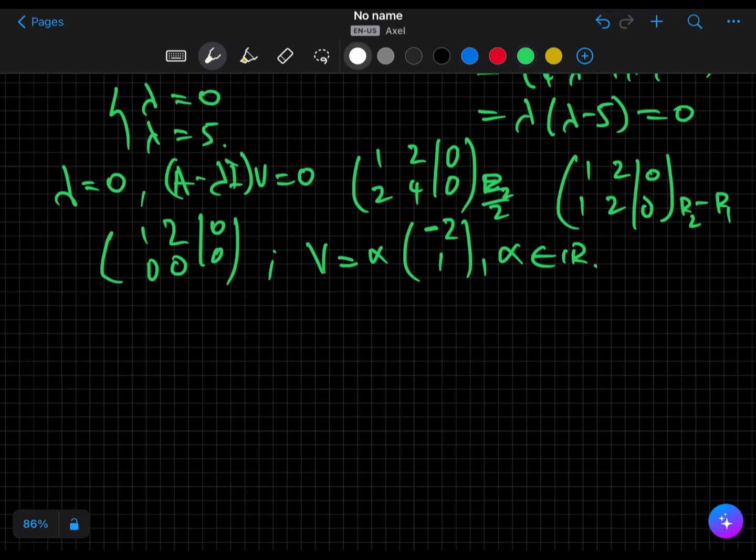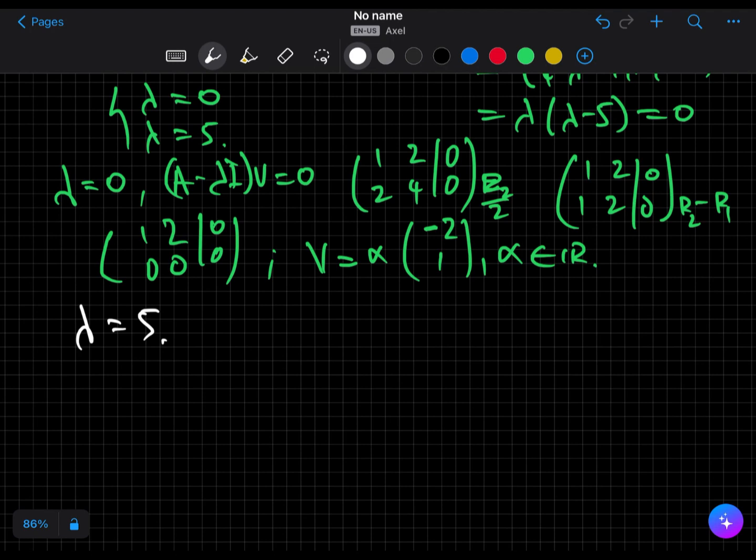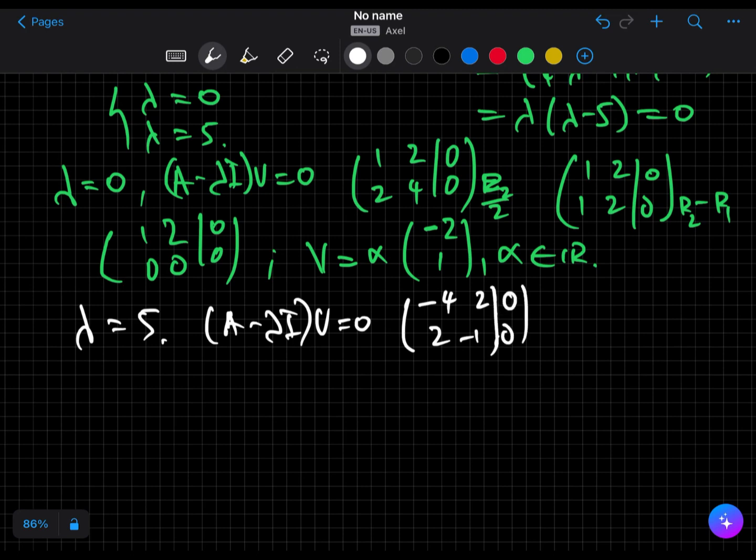So if I check for lambda equal to 5, I have to solve this equation, times v equal to 0. So I have to solve the equation which will be minus 4, 2, 2, minus 1 in the augmented form. If I simplify the first row by 2, R1 divided by 2 will give me minus 2, 1, 2, minus 1, 0, 0.